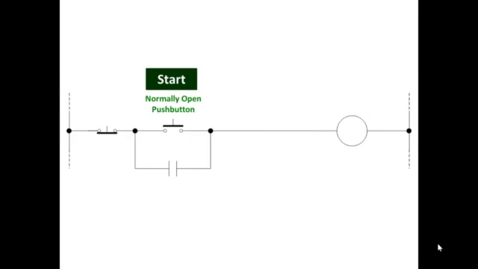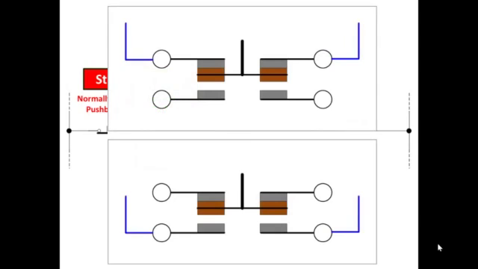For the start button, we have a normally open push button. For the stop button, we have a normally closed push button. And just jumping out for a minute, the top is a normally closed contact and the bottom is a normally open. So this could be a relay contact or it could be a push button.